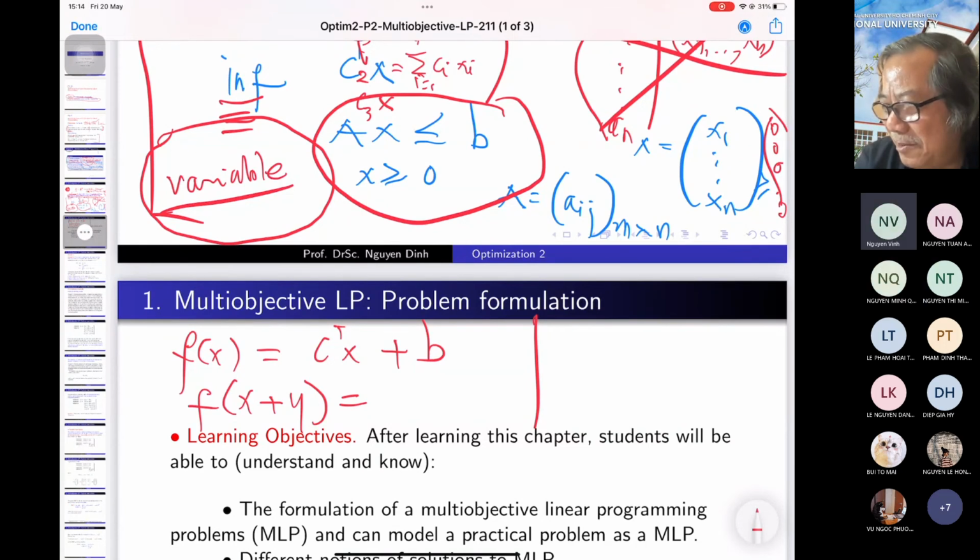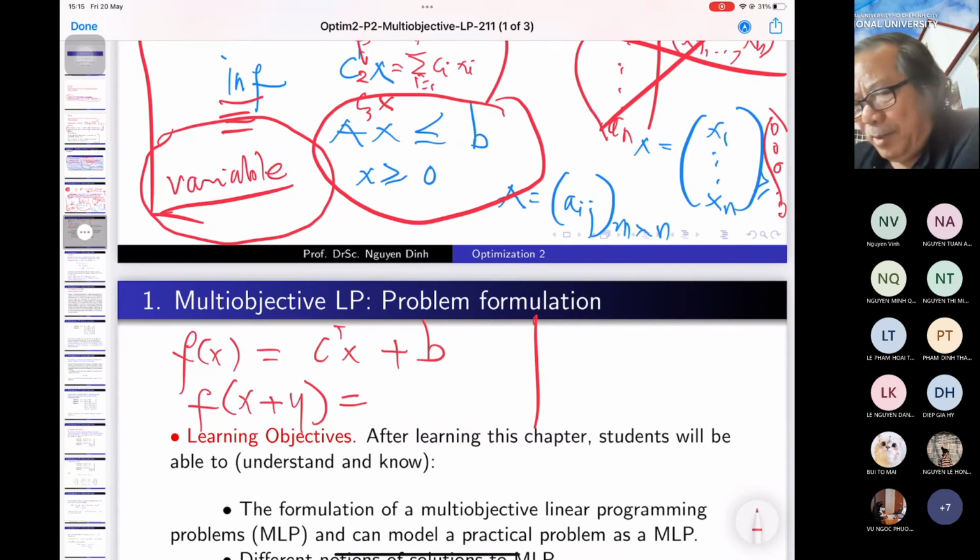If the information about a function is given as a graph, then it is linear if the graph is a line. No. You have, for example, a function f from R2 to R, and then the graph is what?